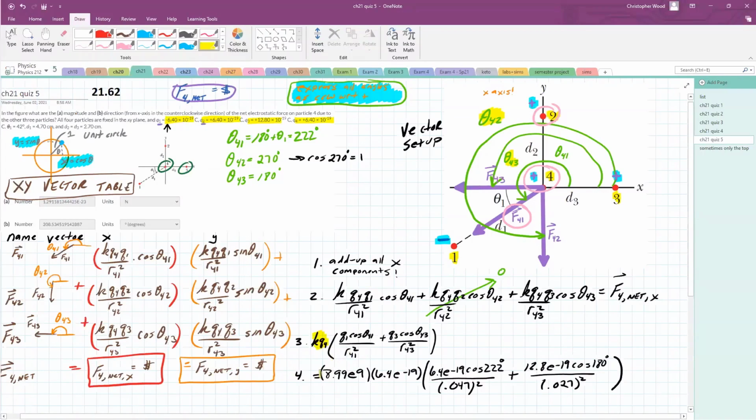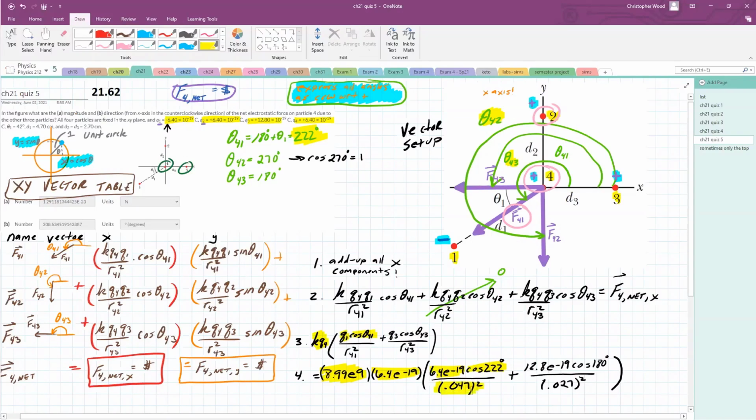All right, so here's k. Got it. Here's q4. Okay. This better be q1. q1 is 6.4 E minus 19. Cosine theta 41 means cosine of theta 41, which for me is 222, all over r41 squared.